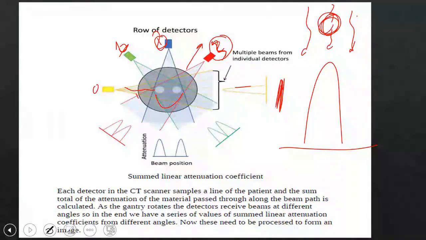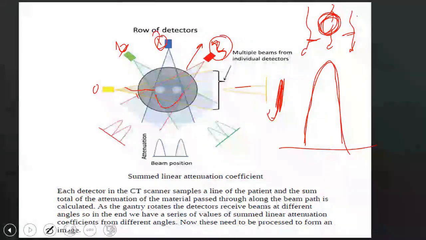So this curve represents the amount of attenuation that occurred. The highest attenuation occurred in the object itself, and thus the transmission here was low, while the value was high, and then it decreases again at the edges in this area and this area. This is the curve represented from this angle.